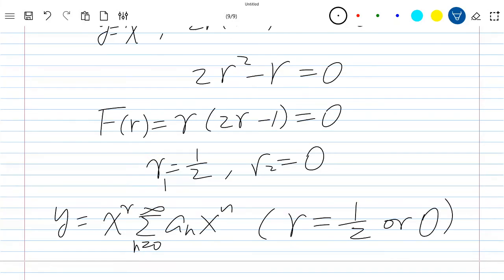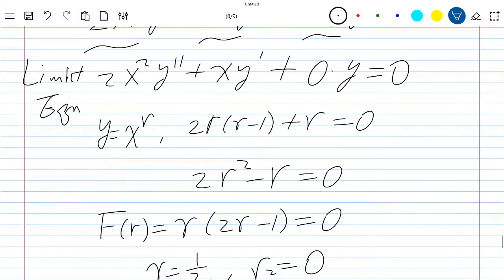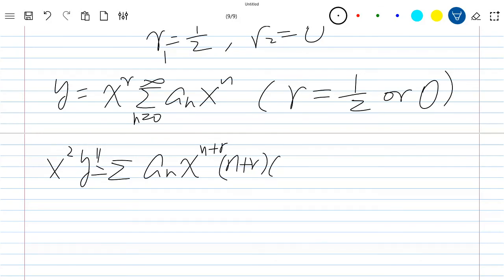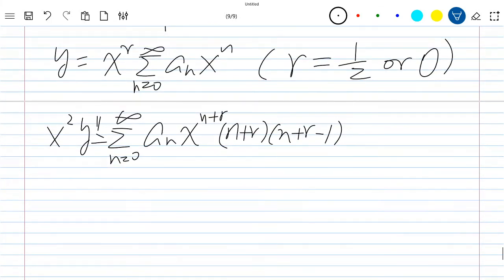But we're plugging that in later. So x squared y double prime equals the sum of a n x to the n plus r, times (n plus r)(n plus r minus 1). And then x y prime, we should be quite familiar with this now.